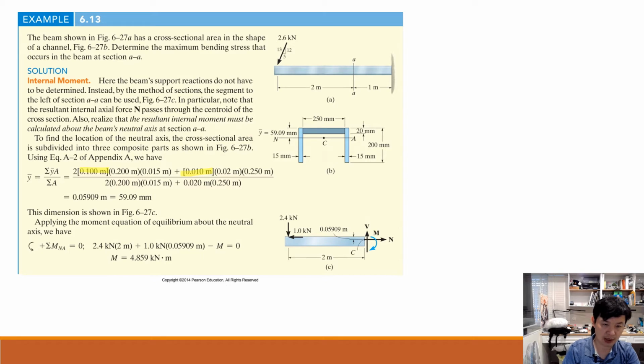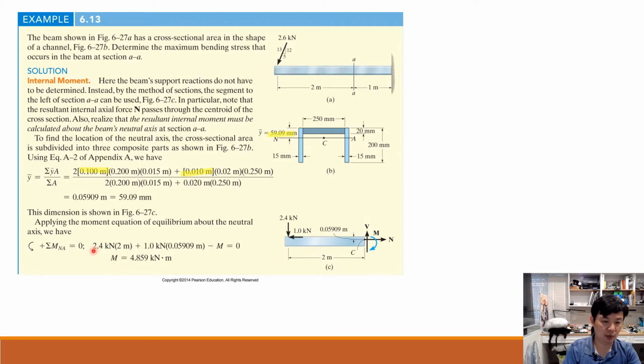So that's our y bar, unfortunately. Usually, in these types of questions, you have very weird numbers for your y bar. So be careful. In the following, all the derivations will have pretty ugly values for each result. Let's see what will happen over here. This is the resultant moment we really want to know.